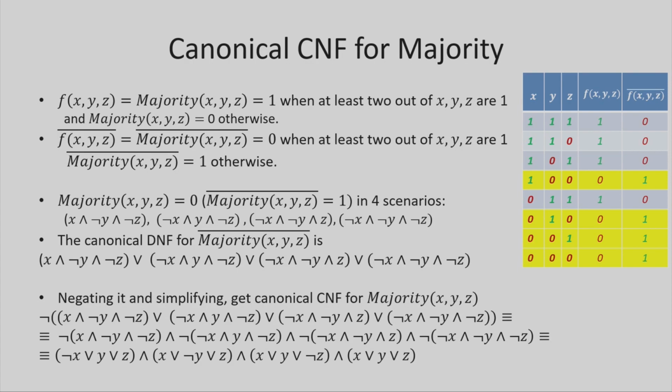Finally, we take that function, we write several ugly looking lines doing our De Morgans and double negations and simplifying things. And at the end, we get a formula which is an AND of ORs of literals and which has a clause for every single scenario, every single line of the truth table where our original function majority was outputting a 0.